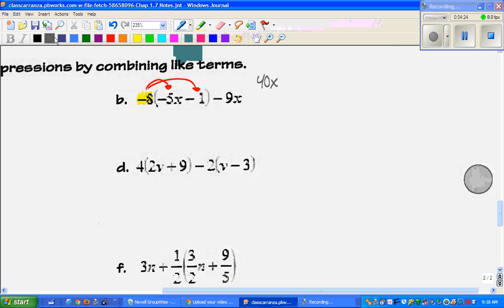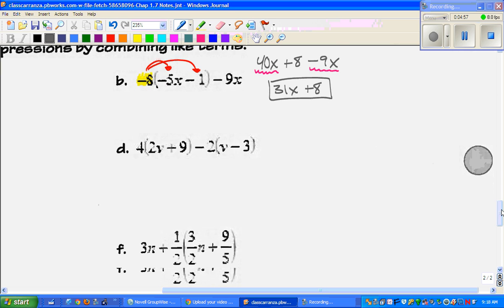Negative 8 times negative 1 gives us positive 8. And that negative 9 was just outside, so we don't do anything with that. Now, finding like terms, the same variable and the same exponent, and we're going to combine those. So 40 minus 9 gives us 31x. We did not do anything to the 8. Those are different, so we can't combine them.